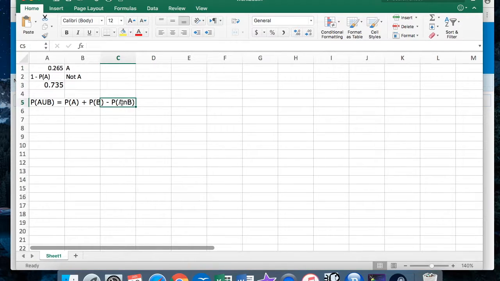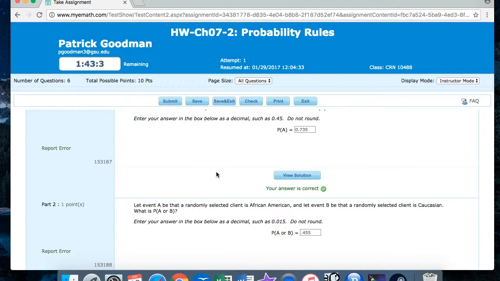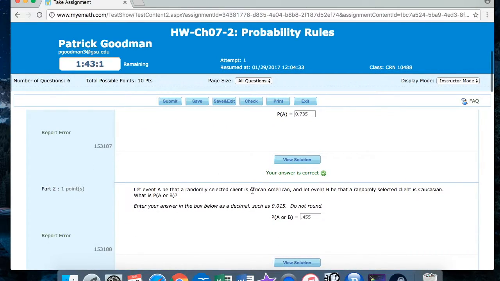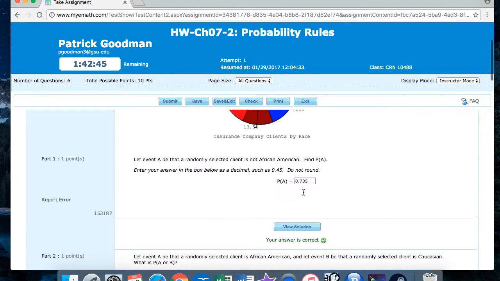Okay. So probability of A we're saying is randomly selecting African American, and then B is randomly selecting Caucasian. So should there be an intersection in this? Well, what would the intersection be? Well, somebody that's African American and Caucasian. So in this case, that really can't happen.